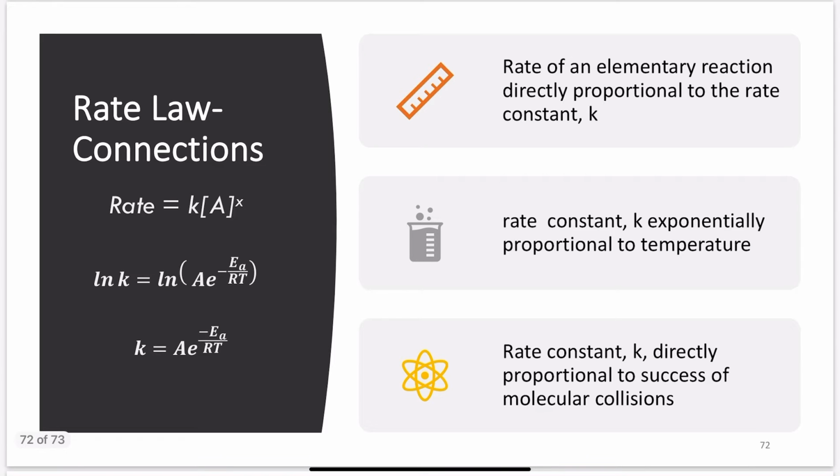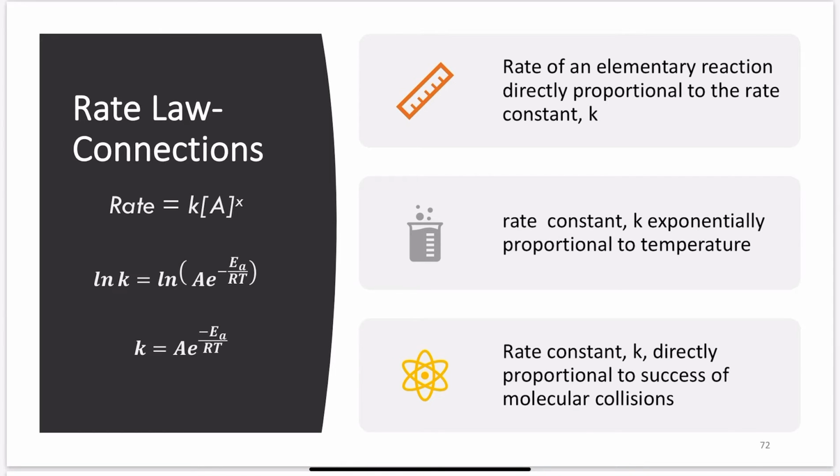Rate law connections. The rate is equal to K times A to the X. X is your order with respect to A, which must be determined experimentally. The rate of an elementary reaction is directly proportional to the rate constant K. The rate constant K is exponentially proportional to the temperature. The rate constant K is directly proportional to the success of the molecular reactions.